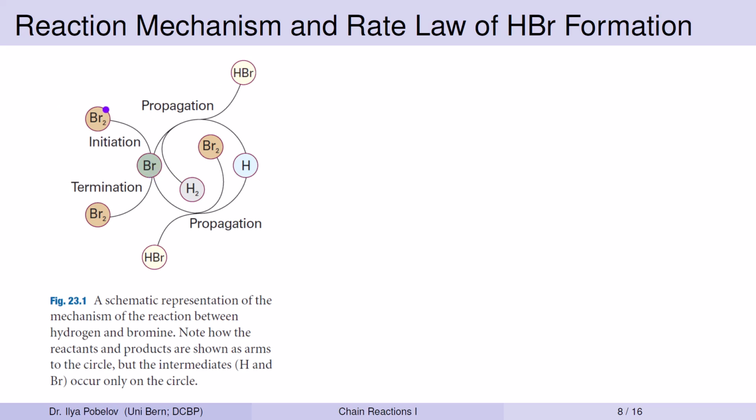Note how the reactants and products are shown entering and exiting the cycle, but the chain carriers, hydrogen and bromine radicals, occur only on the cycle.